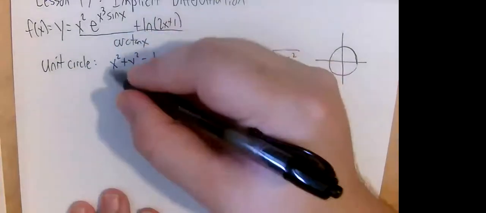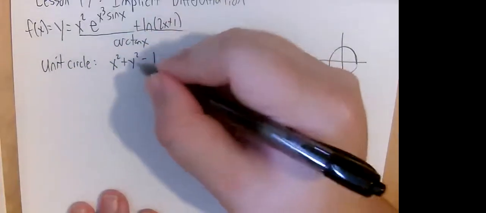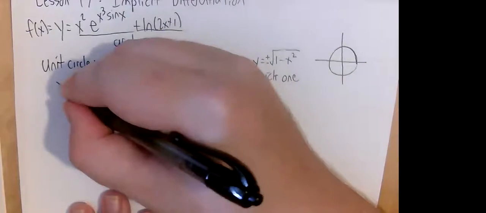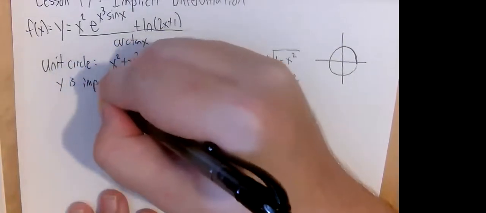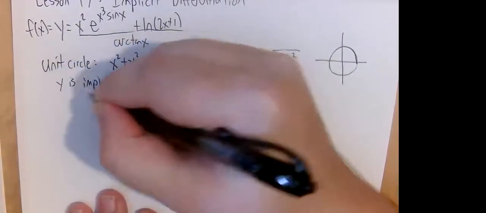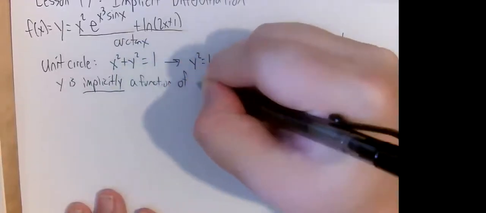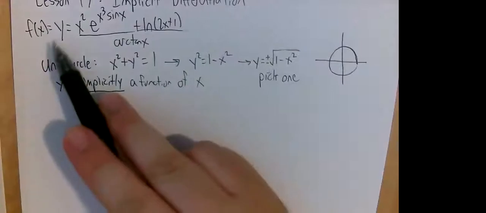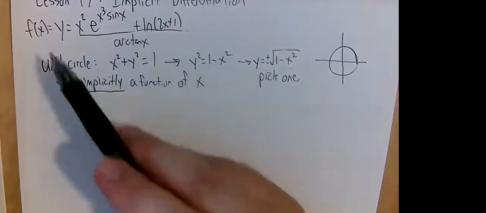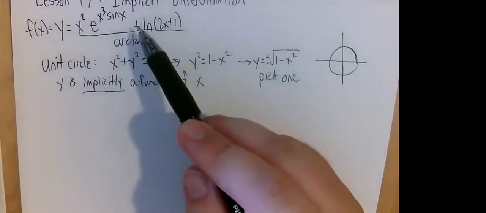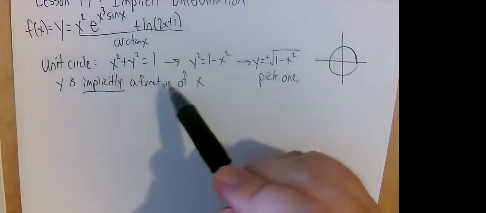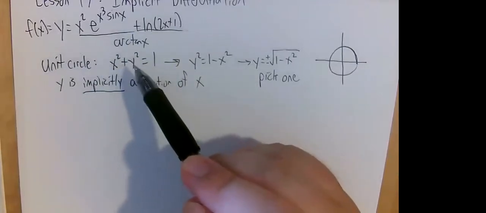And this is a situation where y is mixed into the equation with x. Y is implicitly a function of x. This is called explicit when we have y on one side and all the x's on the other. It's going to be called implicit if it's mixed in right here.